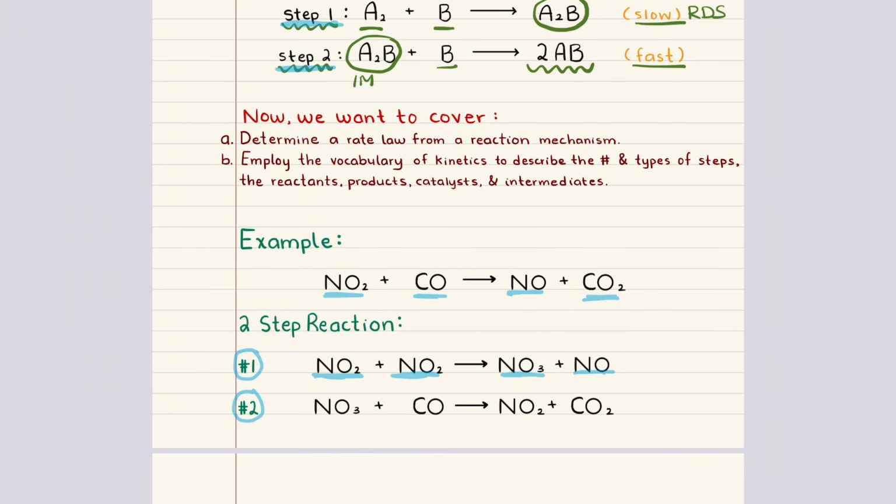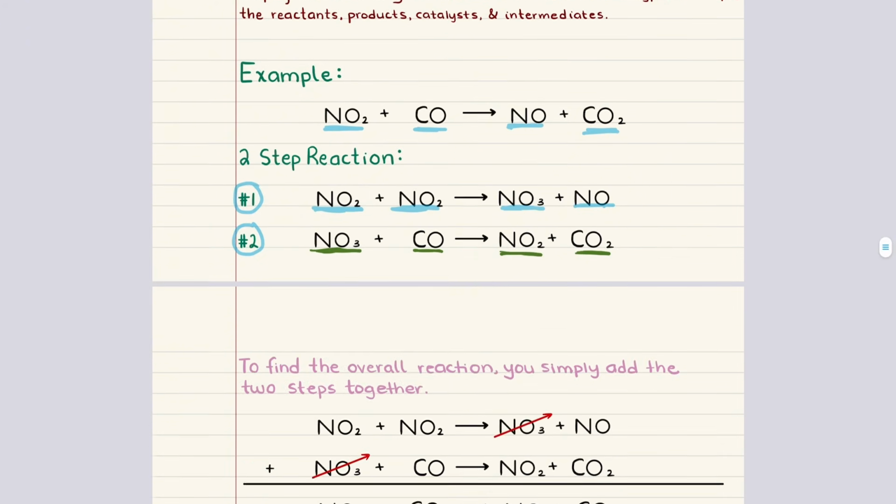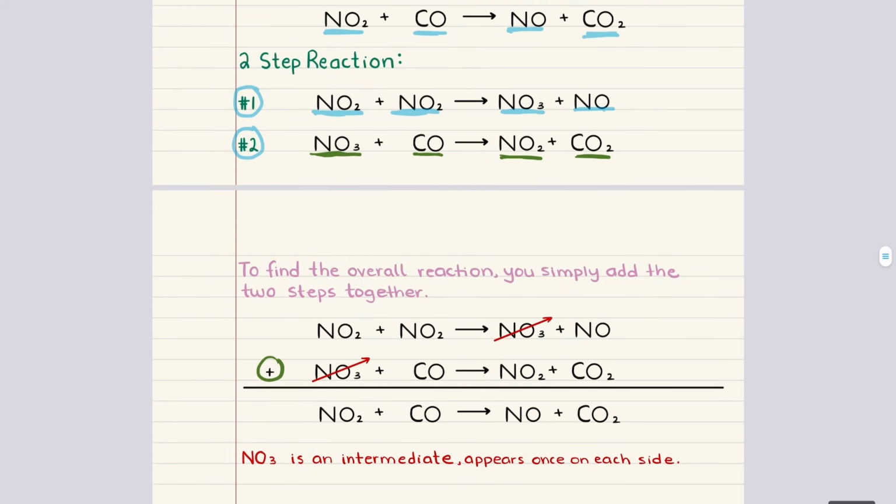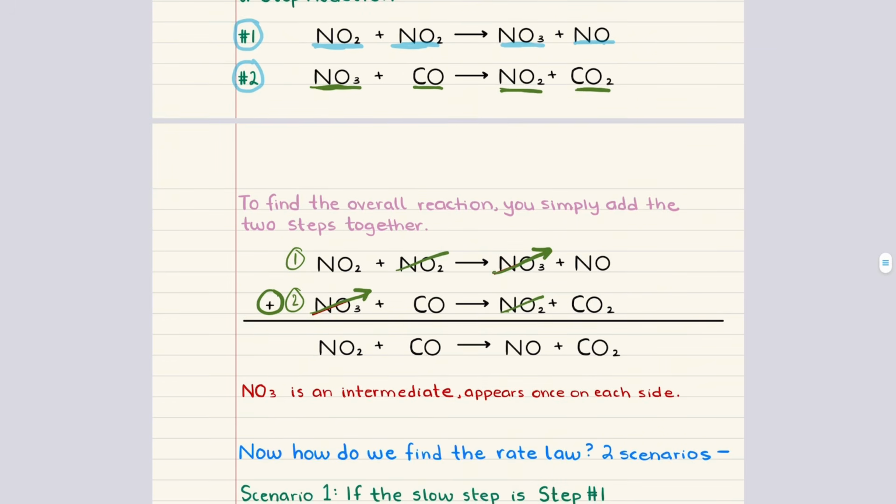Then in the second step, nitrogen trioxide reacts with carbon monoxide to produce nitrogen dioxide and carbon dioxide. And when we add these two elementary steps together, the intermediate nitrogen trioxide cancels out because it appears once as a product and once as a reactant. And this leaves us with the overall balanced equation that we started with.